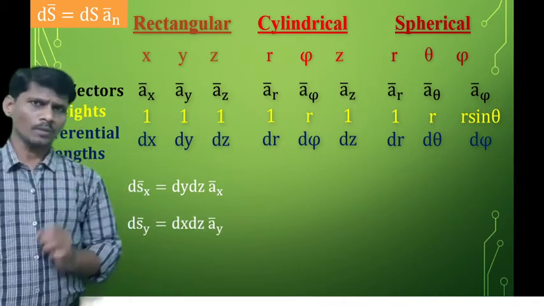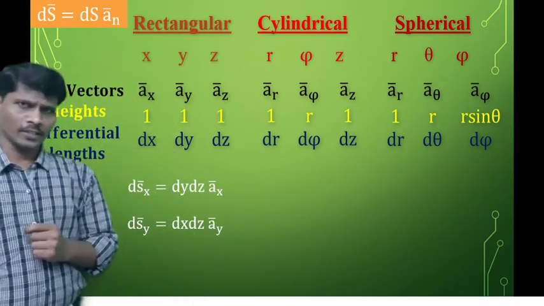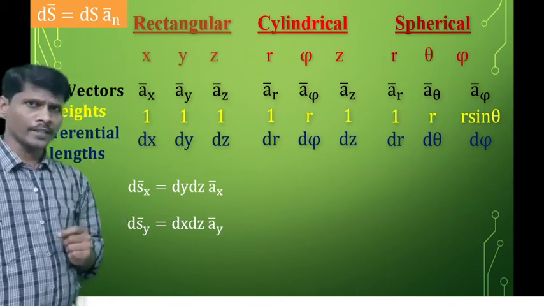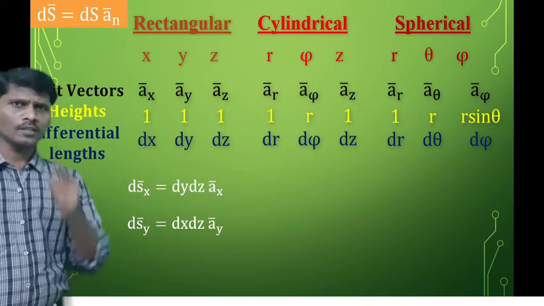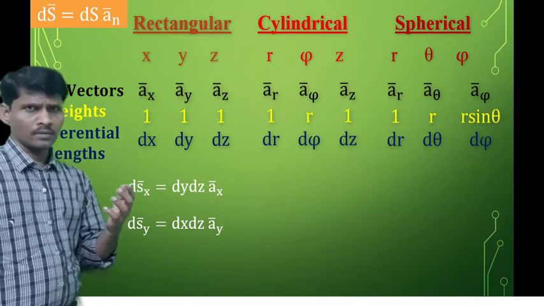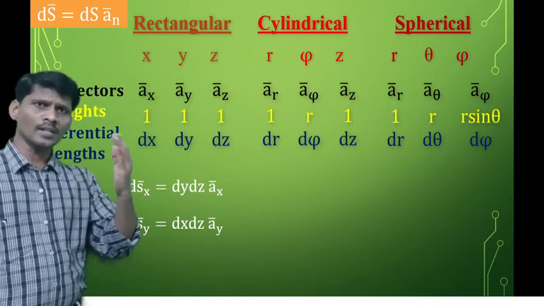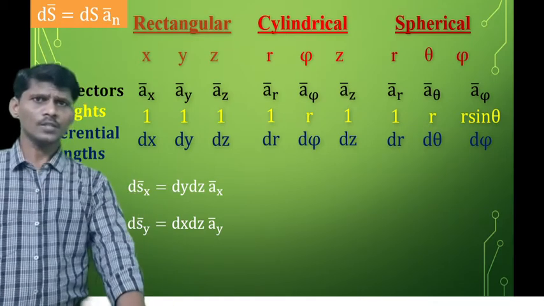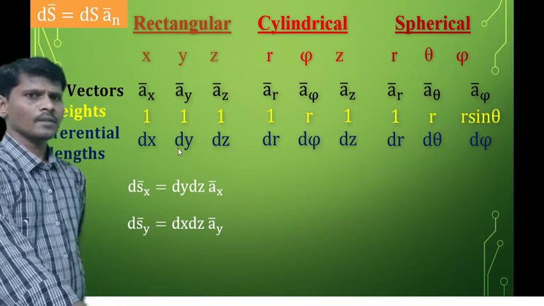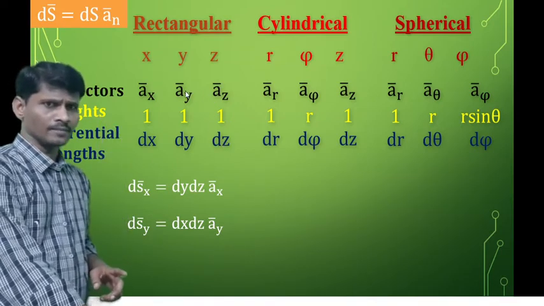Next, dSy bar. dSy bar is the differential vector surface area normal to y direction. So remove that column's elements, 1 dy, neglected, and consider 1 dx, 1 dz elements. So dSy bar is equal 1 dx into 1 dz into ay bar direction.